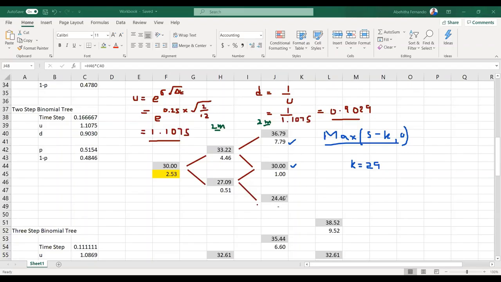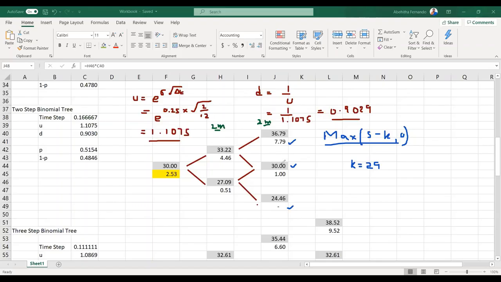So 24.46 minus 29 will lead to a negative value. The payoff cannot be negative. The worst that can happen is 0, that the option expires worthless. The payoff is 0 in this case.